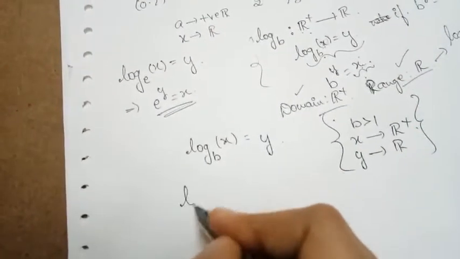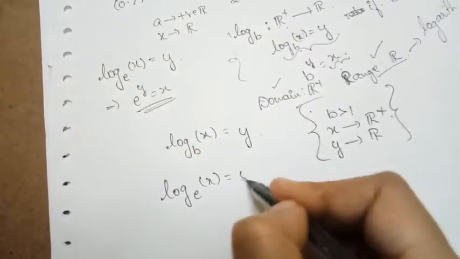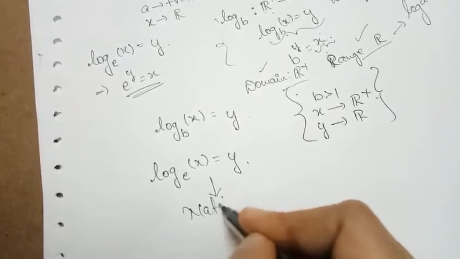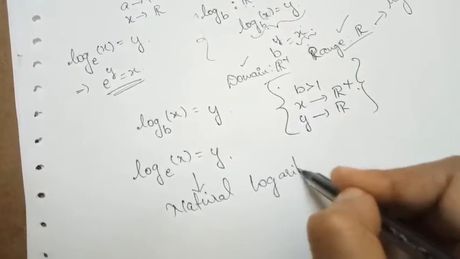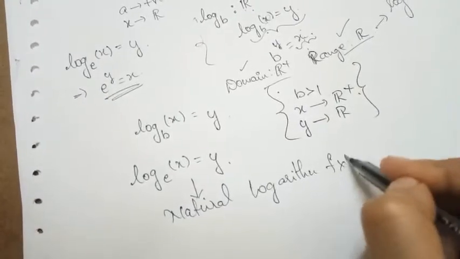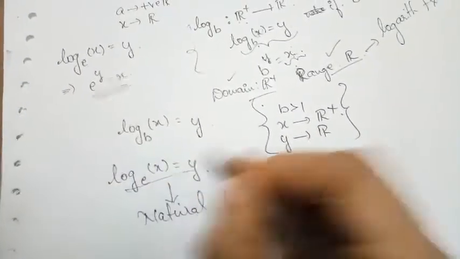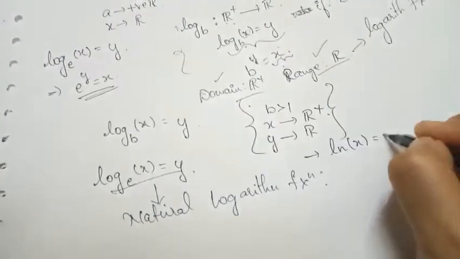So if I take log with the base e of x is equal to y, this is called the natural logarithmic function, and log e of x is also represented as ln of x is equal to y.